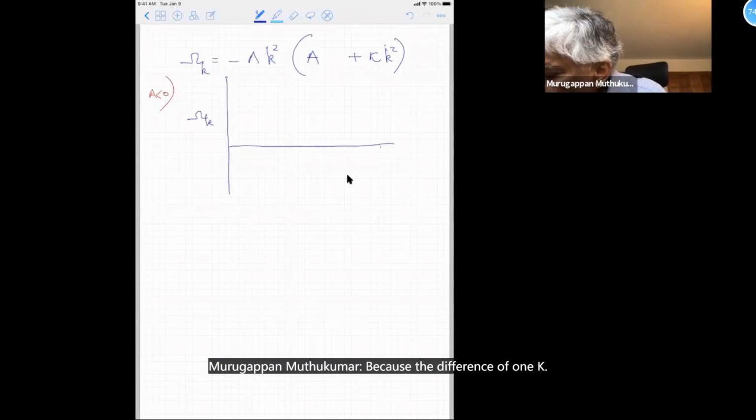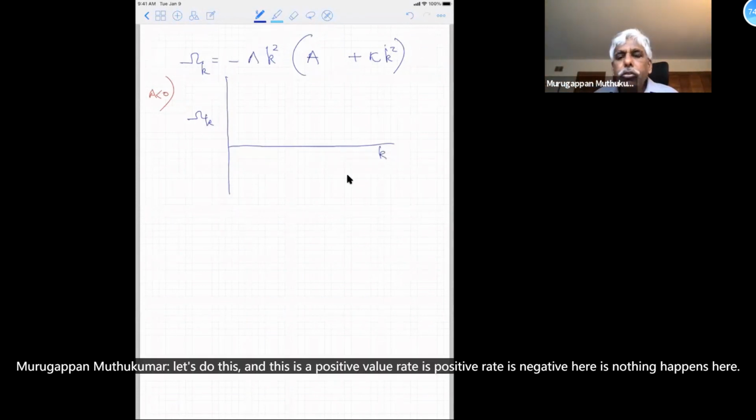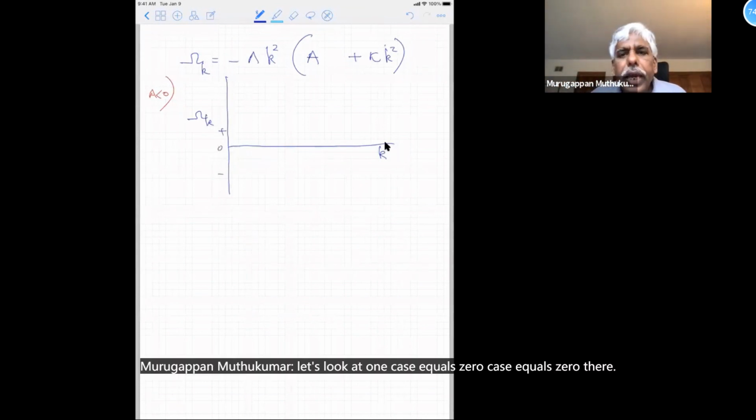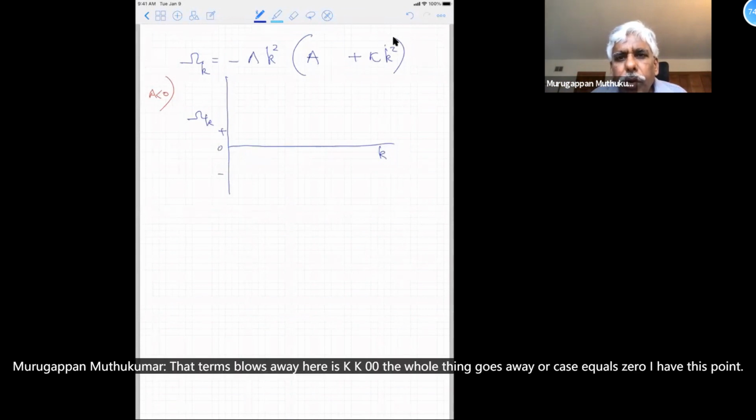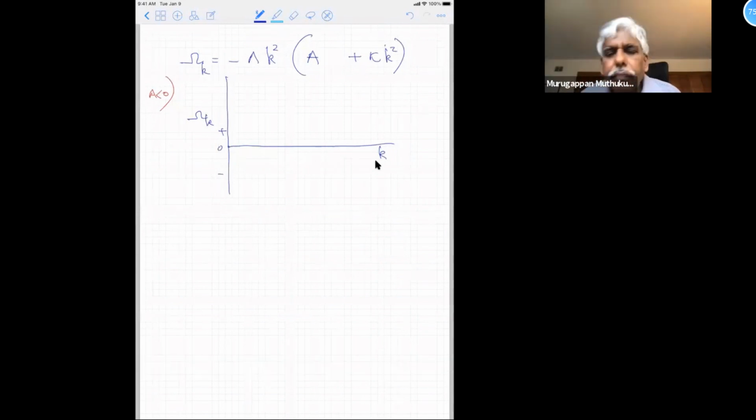Where the rate is positive, the fluctuations grow; where it is negative, nothing happens. At k equal to 0, the whole thing goes away, so I have this point.